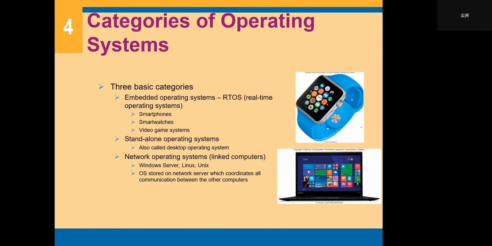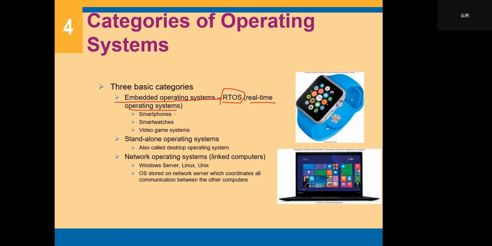We may say there are three basic categories of operating systems. The first type is the embedded operating system, which is used for handheld devices, also the real-time operating system, RTOS in short, for these handheld devices.